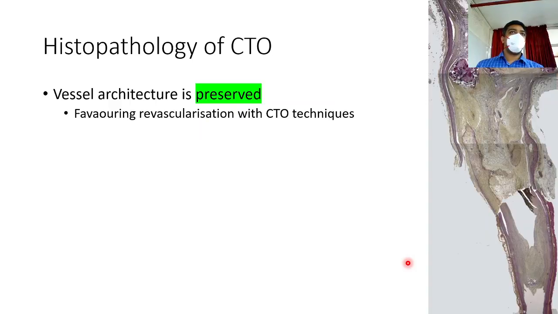You will think micro channel is easy to go in. The problem is micro channel can be tortuous, or it can just end somewhere in some plane, and then if you push through, it will just give you a small access into the lesion. So thinking micro channel, then you can pass the wire easily, that's not the case.